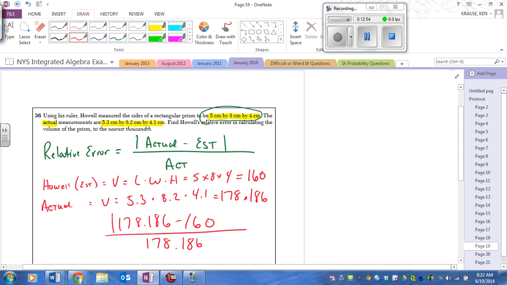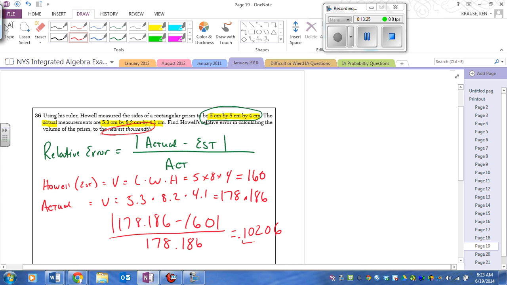So, that one, correct. That one, and divide by 178. Actually, what I should have done is, by the way, this is equal to 0.10206, and it says rounded to the nearest thousandth.